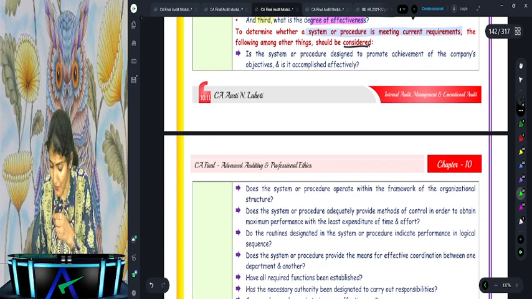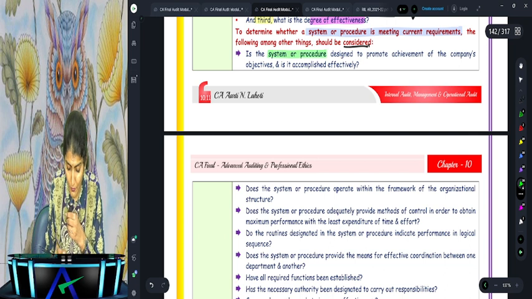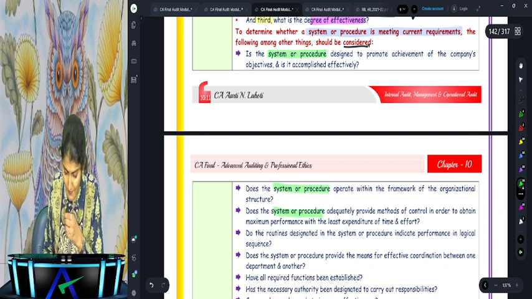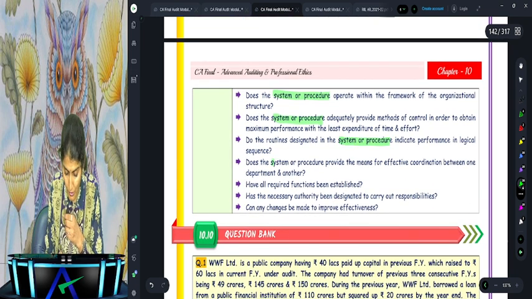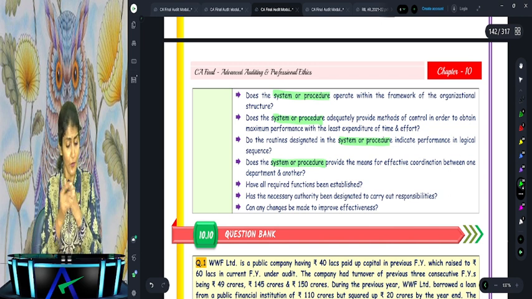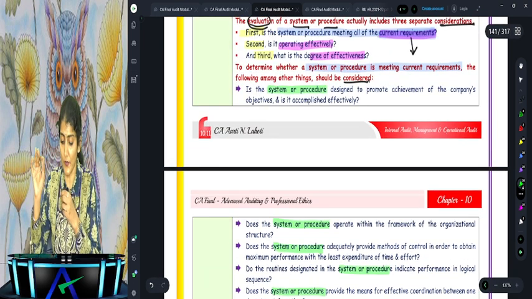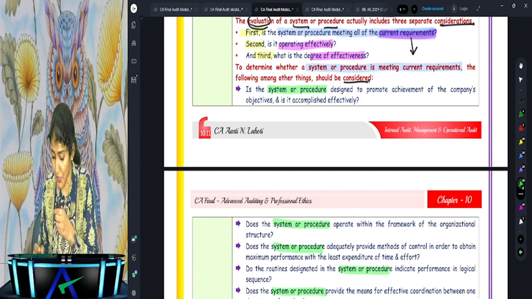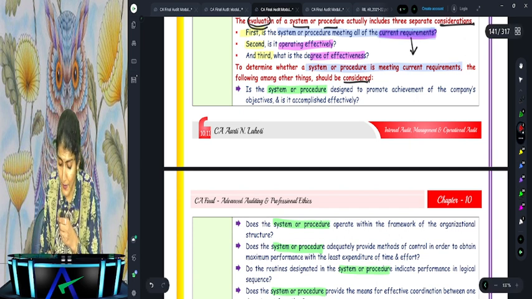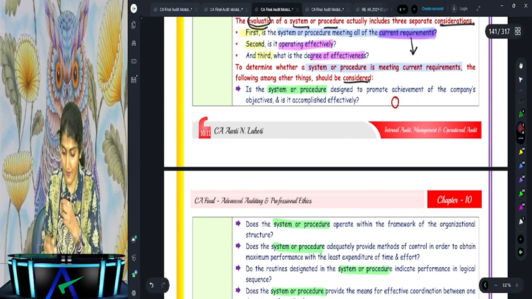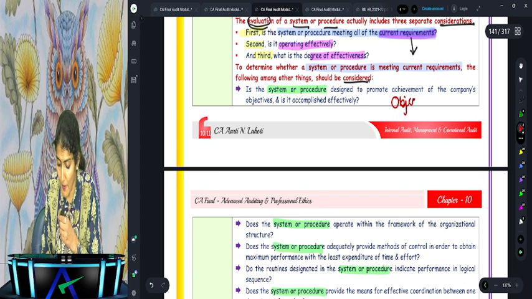So, what you need to consider, again, if you notice, their entire focus is on the system or procedure. Right? What does it say? Is the system or procedure designed in such a way to promote the achievement of the company objectives?